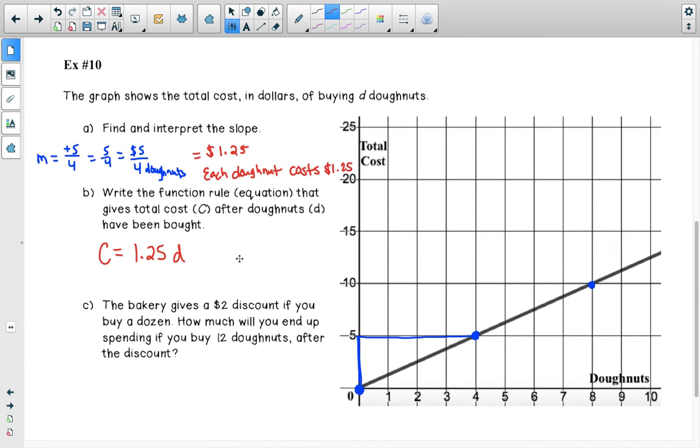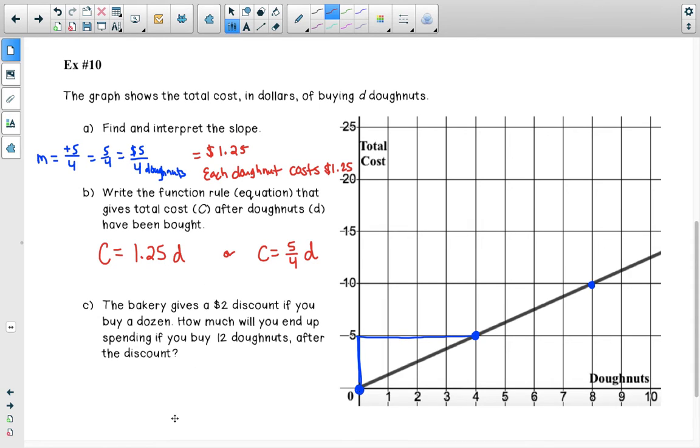This is our equation. You can also write the equation using the 5/4, so C equals 5/4 times D. Same slope, just an equivalent slope in a different format. So you can easily see your change in y over change in x when it's written in fraction form, but it might be easier to understand and interpret it when it's in this decimal format.